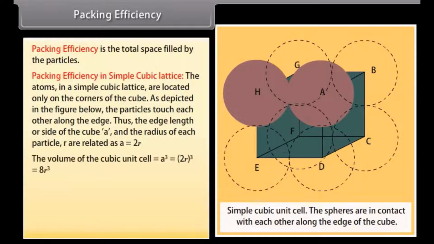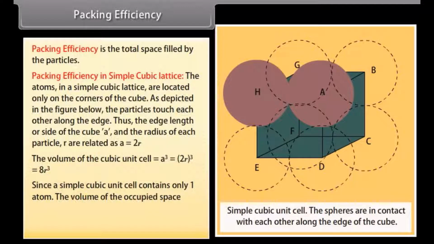The volume of the cubic unit cell is equal to a cubed, which is equal to (2r) cubed, which equals 8r cubed. Since a simple cubic unit cell contains only one atom, the volume of the occupied space is equal to 4/3 πr cubed.